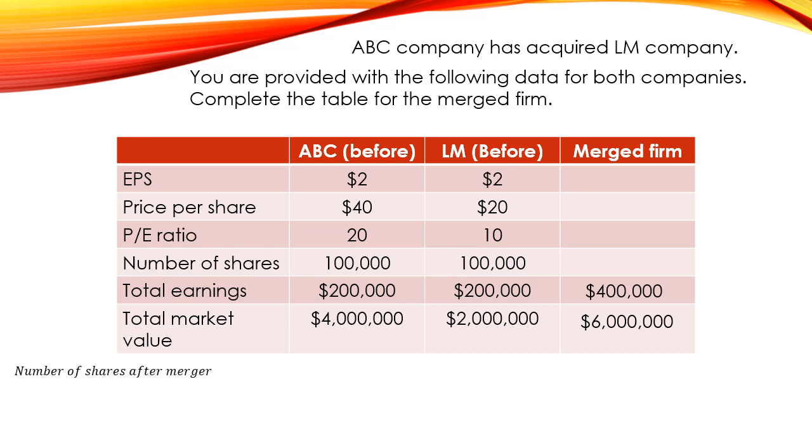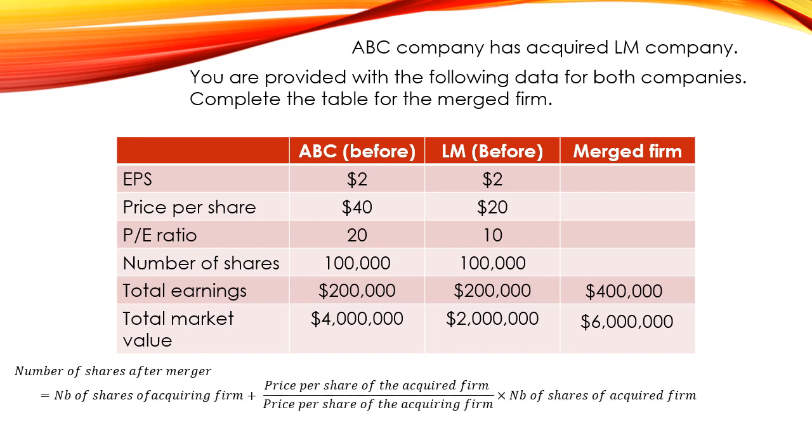Let's calculate the number of shares after merger. It is equal to the number of shares of the acquiring firm ABC plus the price per share of the acquired firm LM divided by the price per share of the acquiring firm ABC times the number of shares of LM.